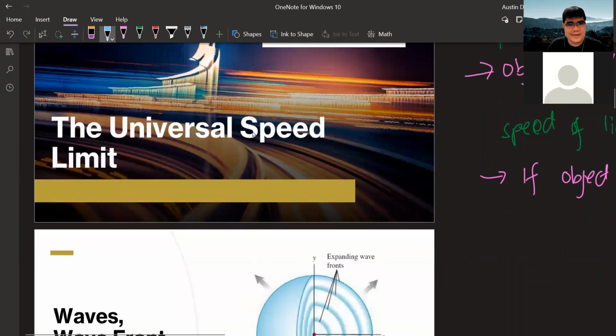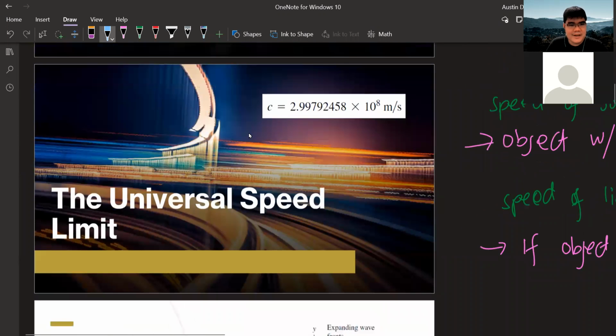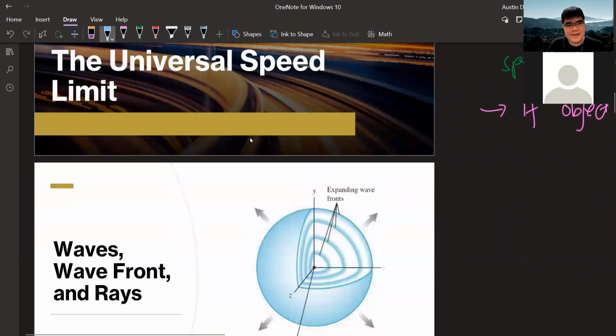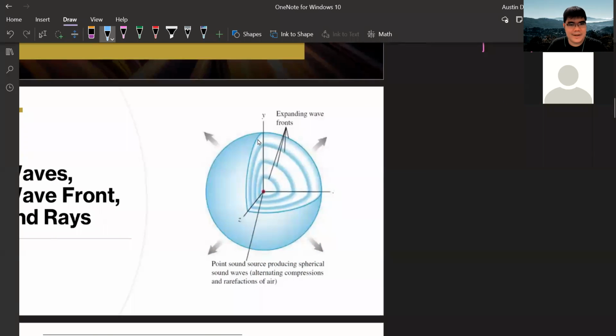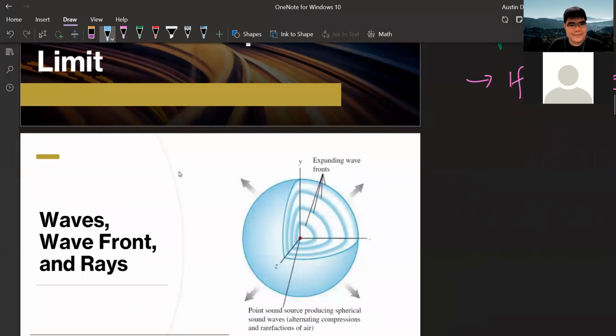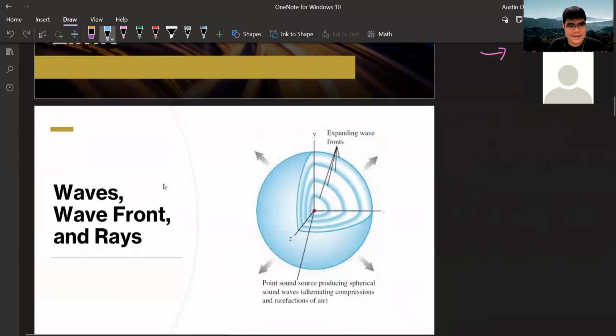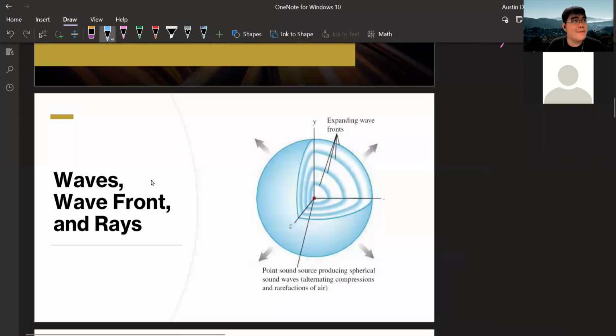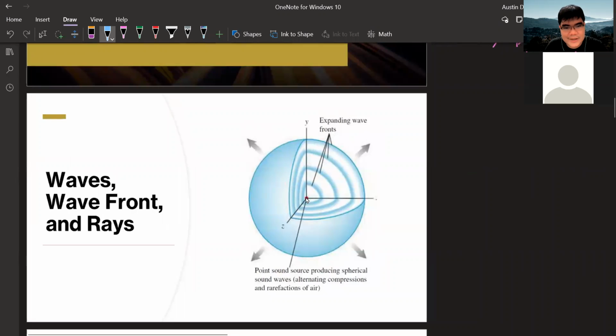Okay, so when we have light, meron din syempre kung wave nga siya, di ba, tsaka particle. Therefore, it can be described as waves, and waves have wave fronts and rays. Okay, so kunyari ito yung itsura natin. Meron kang molecule dyan na nag-vibrate, na nag-accelerate.